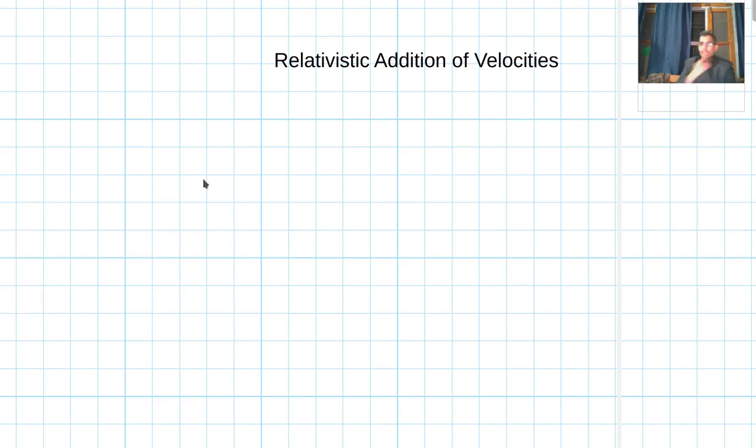Well, today I'm going to talk about a new topic, that is the relativistic addition of velocities. We are having two frames of reference. This is one frame and there is another frame, right?